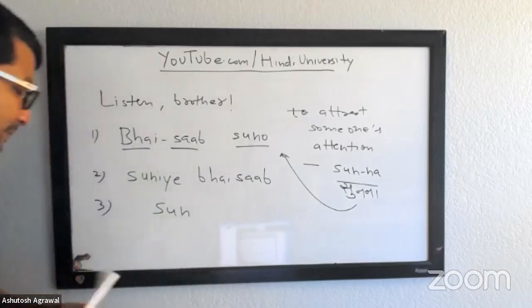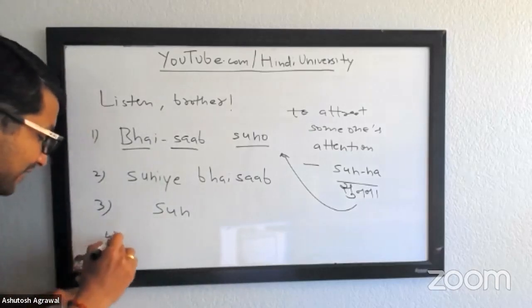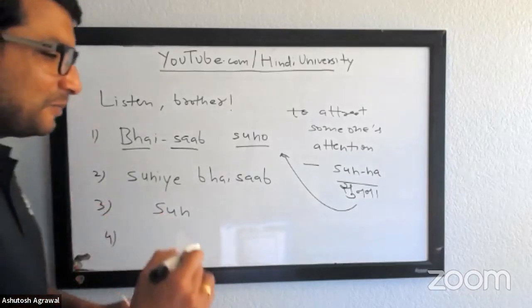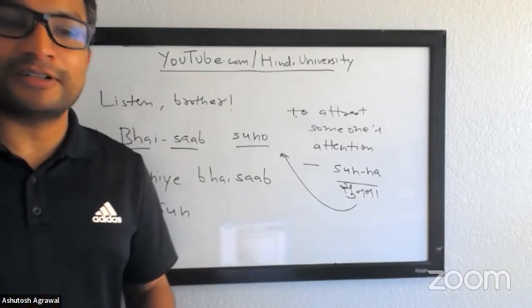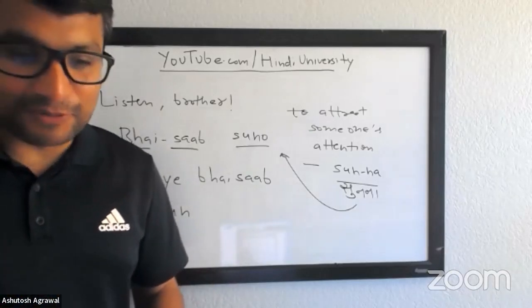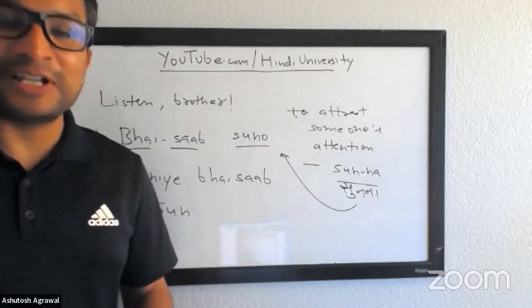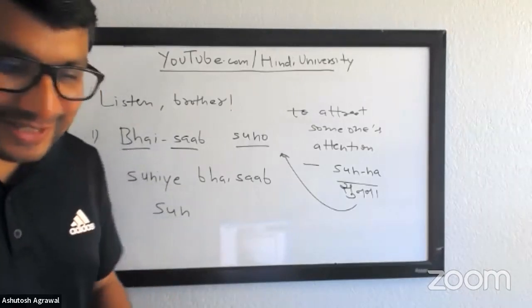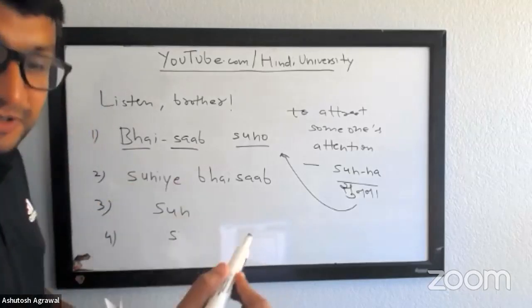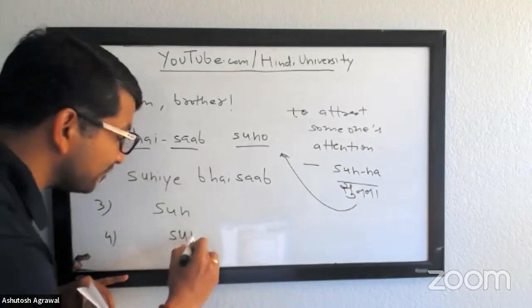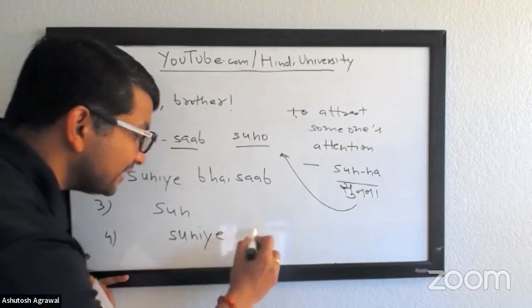Things have changed, but in the early days, husband and wife would not say each other's name. They would not refer to each other by name. So typically a wife, if she wanted to get her husband's attention, would say Suniye ji.